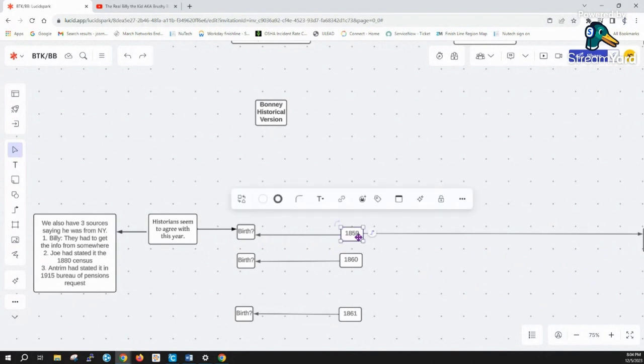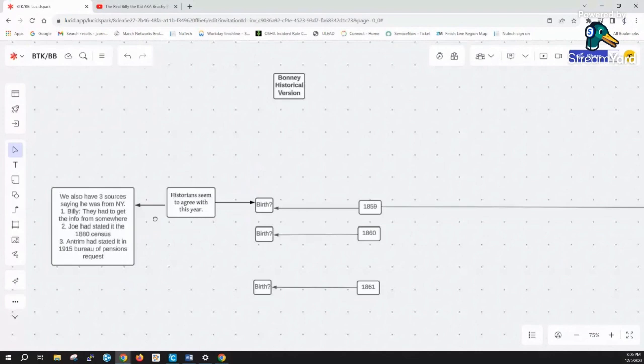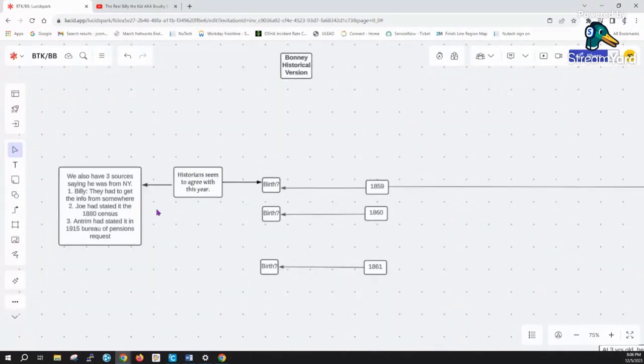The Kid was born in '59, but we get that he was born in New York quite a bit. One of the reasons we say that is because these guys that wrote about him, whether it was Lew Wallace or Ash or Garrett, they had to get that information somewhere. Now, I know that Brushy had said that he just told people that back in the day. You never told people too much, or people lied all the time. Okay, that makes sense. All right, I get that.